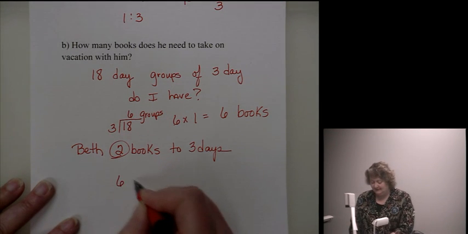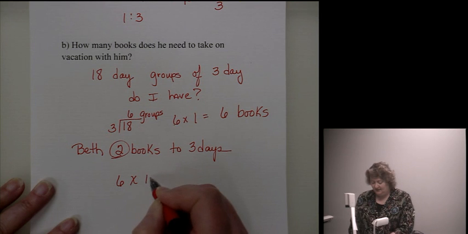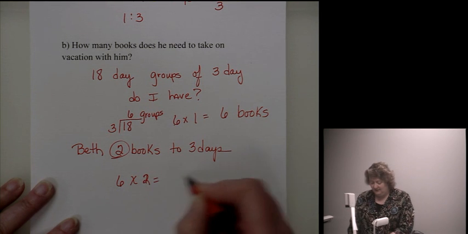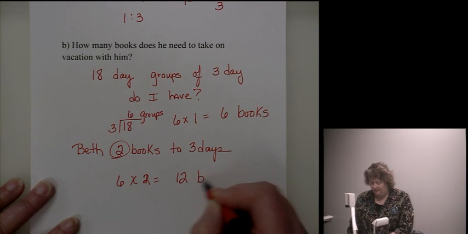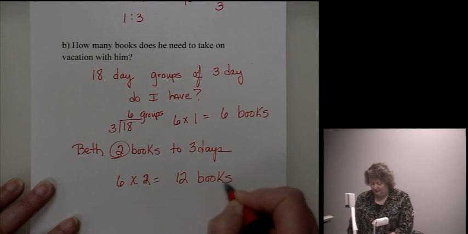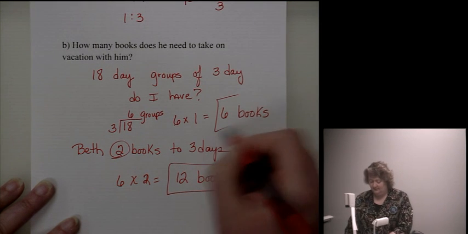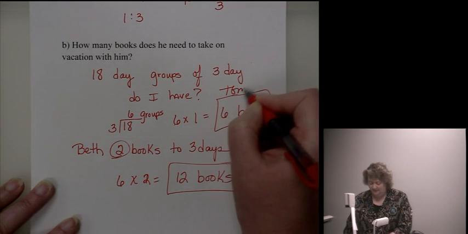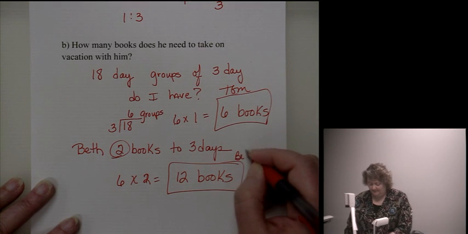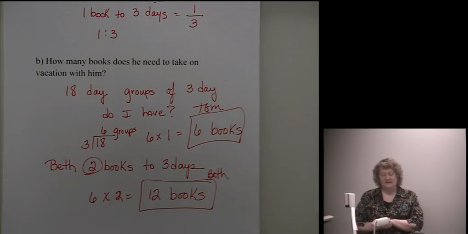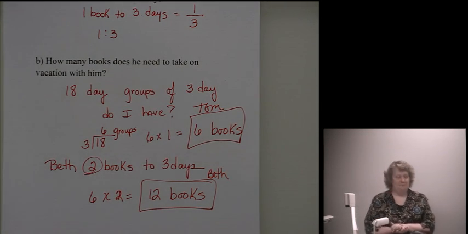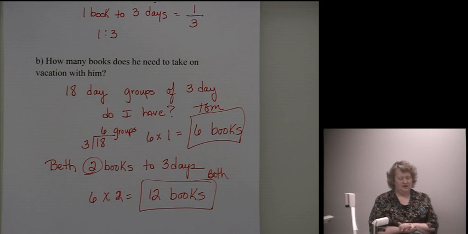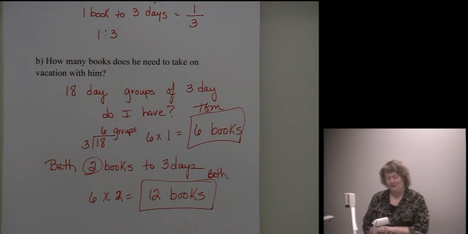I would take 6 times 2. I would need to take 12 books. So Tom would need to take 6 books. Beth, because she reads faster, would need to take 12 books. Okay?